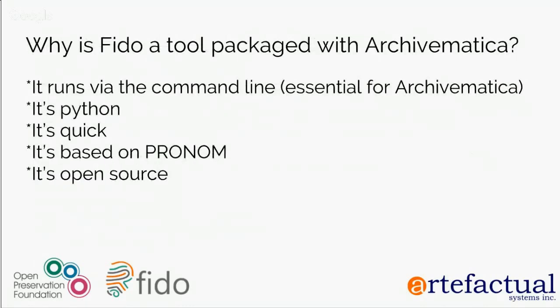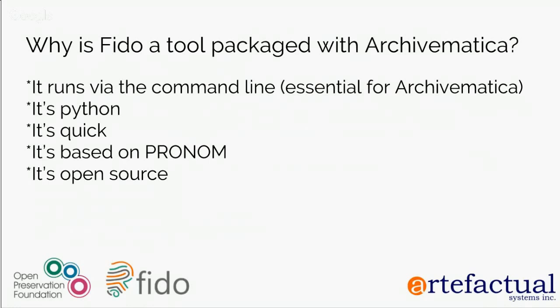As an illustration of this decision-making process, these are some of the reasons we've integrated Fido into Archivematica. For starters, it's run in a way that Archivematica can make use of easily, without any forking or special configuration by our developers. It's run via the command line, which is essential for Archivematica.